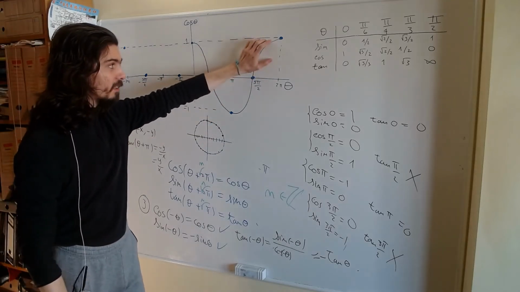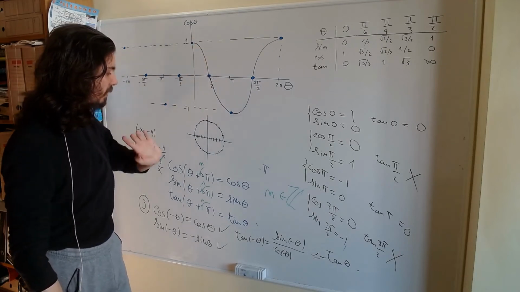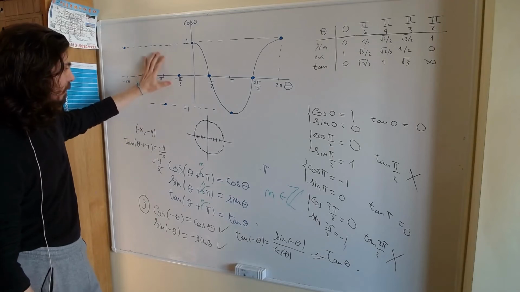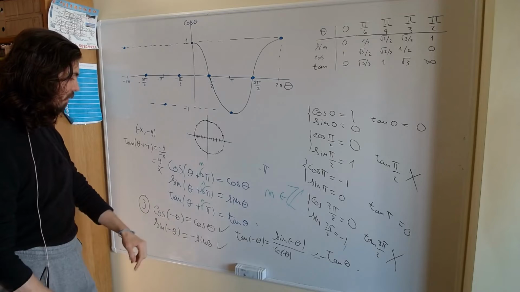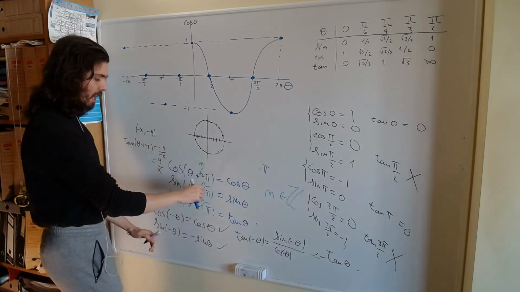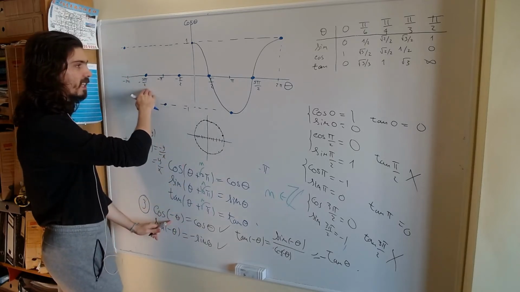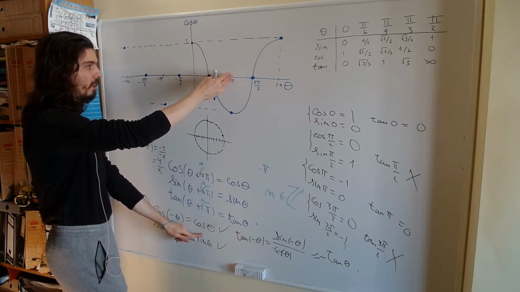But now we already drew something. You already have some details of what happens in between these points. And so now let's draw the negative part. But you can use rule 3. This property of the behavior of our suspect says that every time you compute a cosine of a negative angle, the value is the same as the positive one.